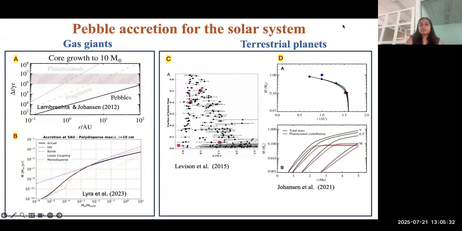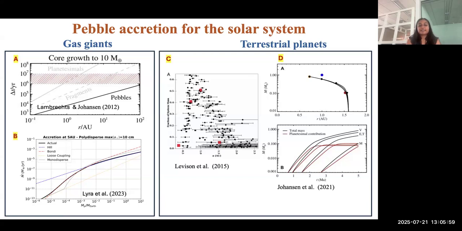In this slide, I will not go into detail because I just wanted to acknowledge all the work that has already been done on gas giants and also terrestrial planets. Figure A shows a plot from Lambrechts and Johansen 2012 showing that pebble accretion indeed works to grow a core up to 10 Earth masses in a few million years.